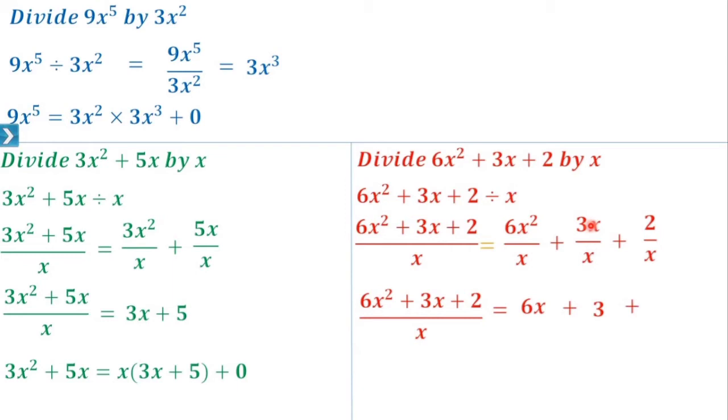We cannot divide 2 by x to get a polynomial. So 2 by x we cannot divide to get polynomial as the quotient. So write 2 by x only.